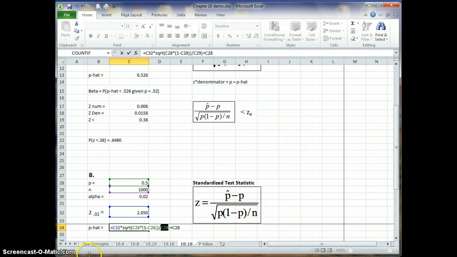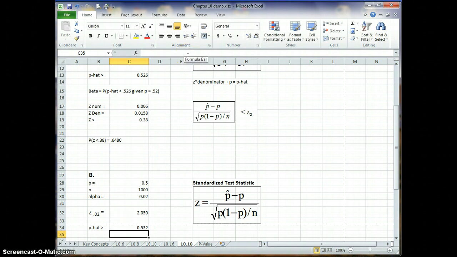Just one second. I think we're good there now, and that gives us the p-hat of 0.532.